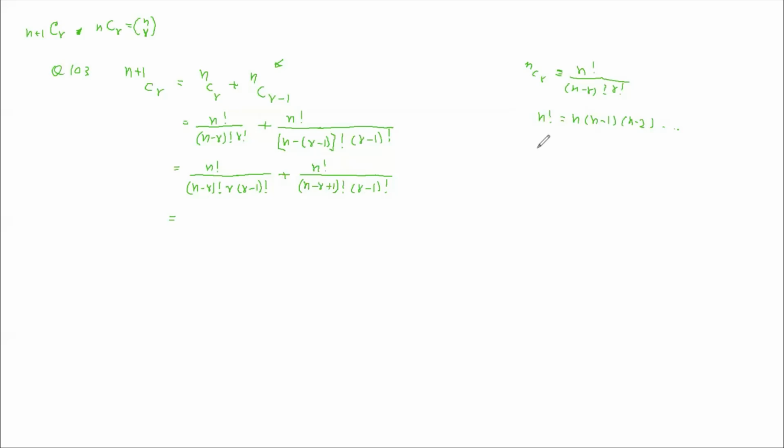So if LCM, I can do like this: (n minus r) factorial times r and (r minus 1) factorial, and this term is (n minus r plus 1) factorial times (r minus 1) factorial. Then you do the short division, remember?